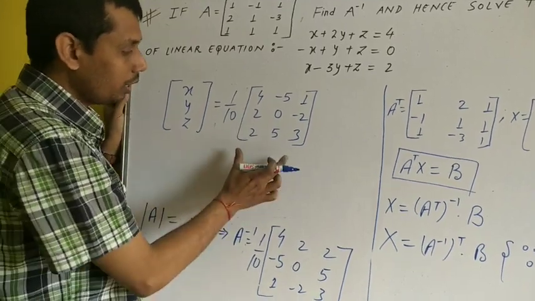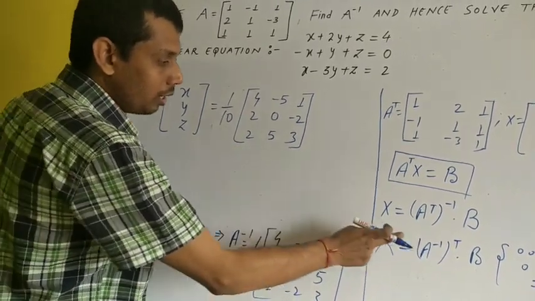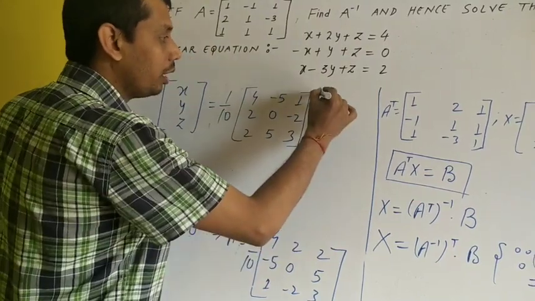Now this is the transpose of A inverse, into B.